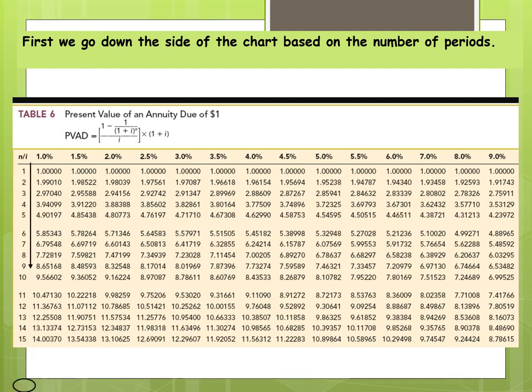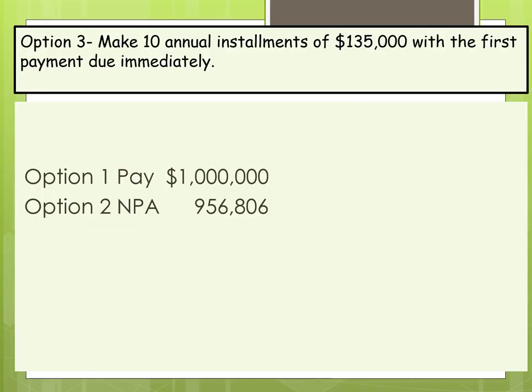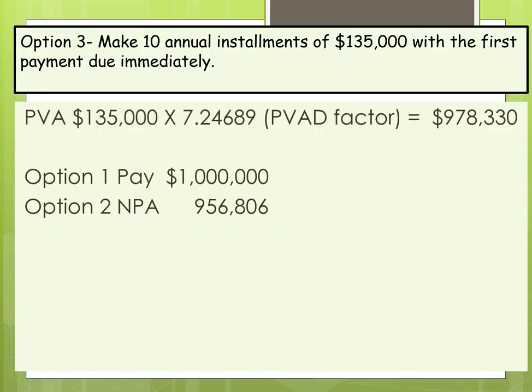We go down to 10 years, across to 8%, and that's our factor. So this option is going to have a net present value of $978,330. Now we're going to go to option 4.